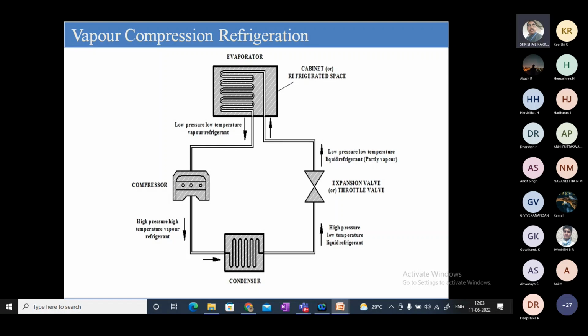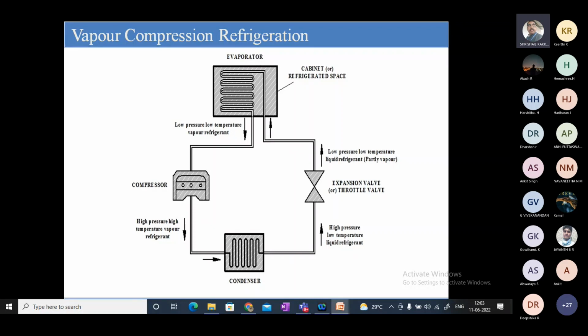This high temperature, high pressure vapor refrigerant will be entering the condenser coil. As I have told you repeatedly many times, the condenser coil and the evaporator coil both are heat exchangers. The only thing is that in the evaporator, the heat will be extracted from the cabinet, and in the condenser, the heat will be dispersed to the atmosphere. That is the only difference.